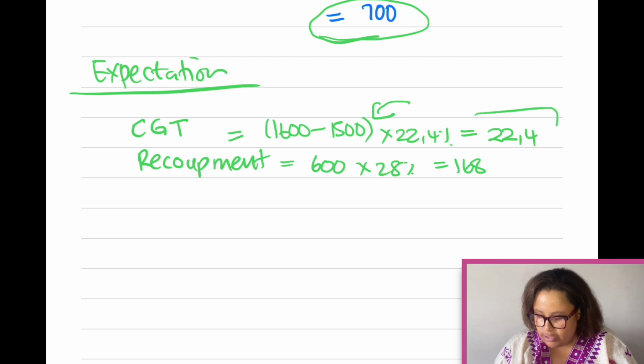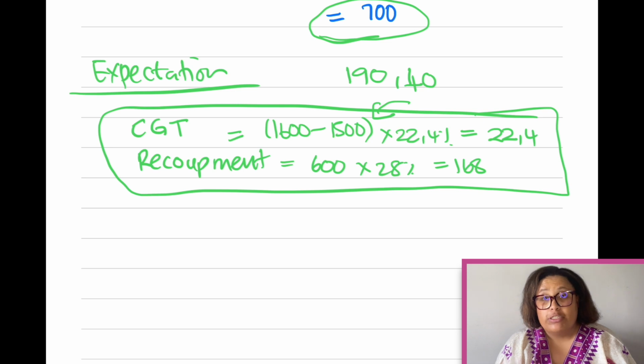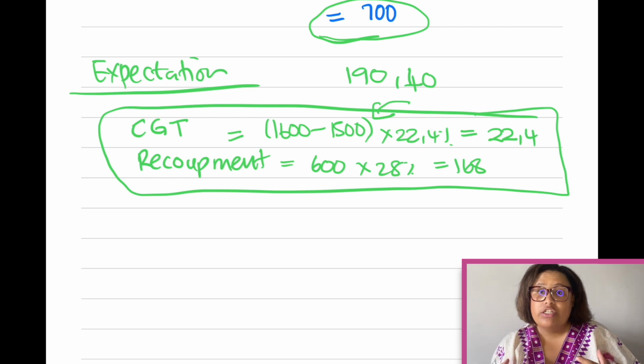So in terms of our total expectation for tax, we expect that we are only going to have to pay tax of 190.40. Now, whether that actually is what ends up happening remains to be seen, but I want you to understand this.